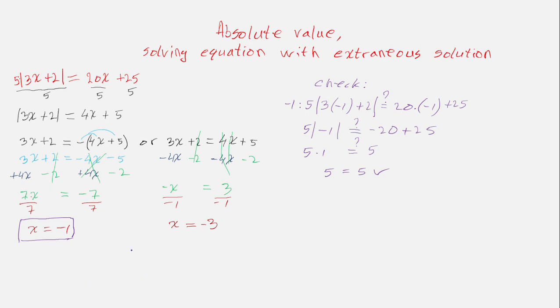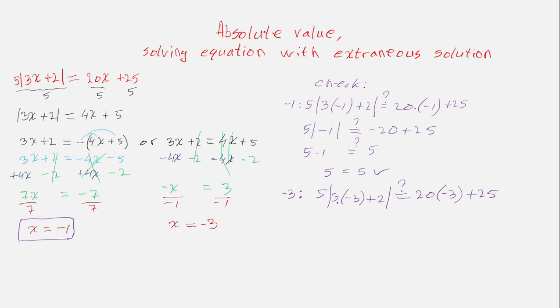Let's now check with the -3. Again, we just plug the values in into the original. So this is 5 times the absolute value of 3 times -3, plus 2, equals 20 times -3, because that's our x in this case, and then plus 25 again.